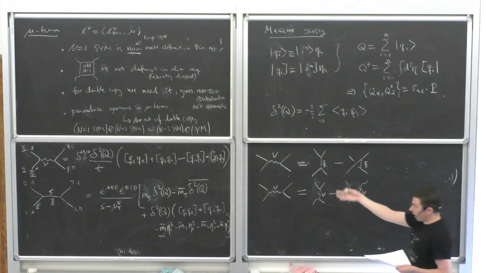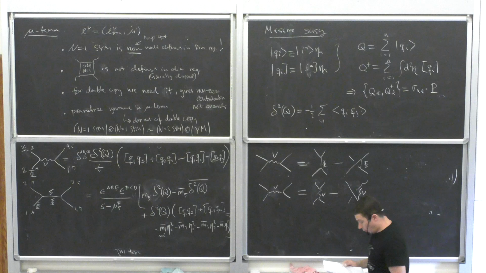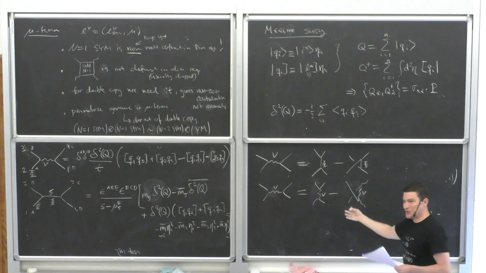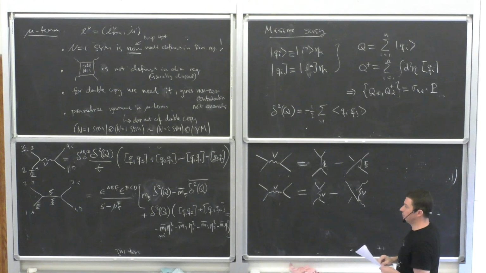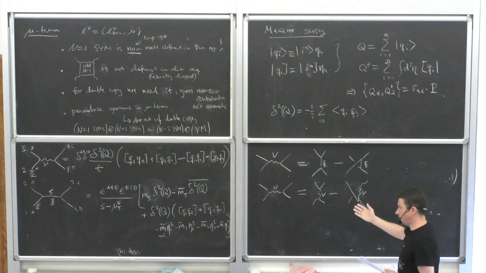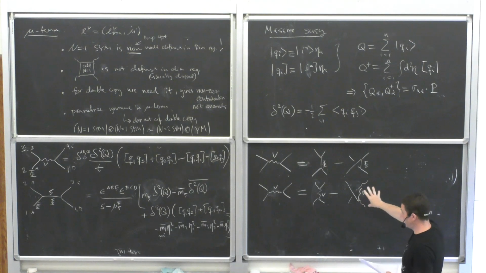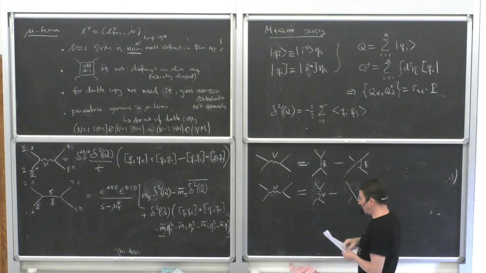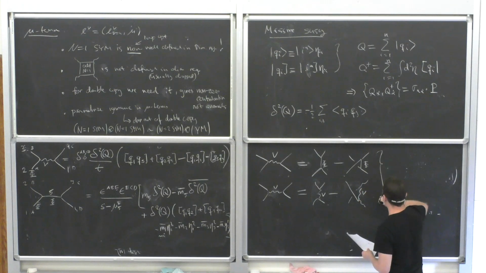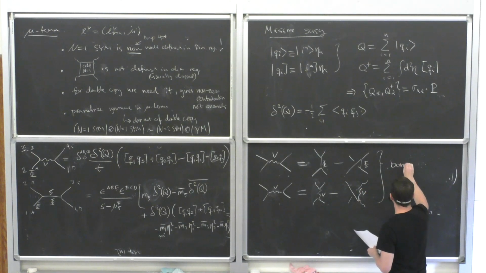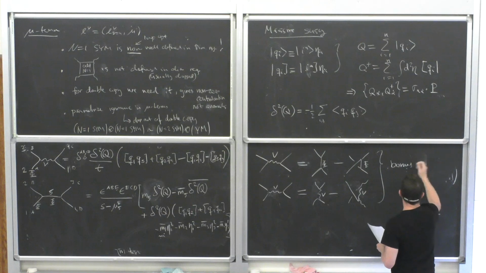Right, so just inspecting this, you can show that these two identities hold. And the reason why I'm showing that is because in addition to imposing the usual color kinematics duality and the usual SUSY decomposition, we also impose this bonus, we call them bonus relations. Bonus kinematic.